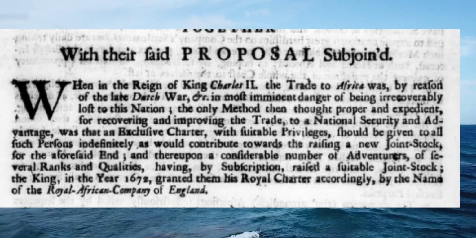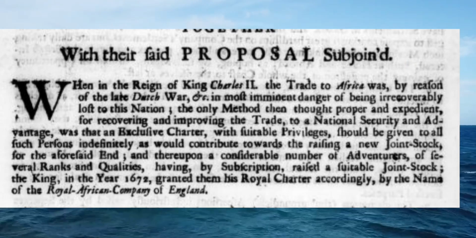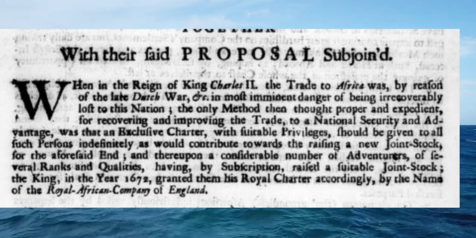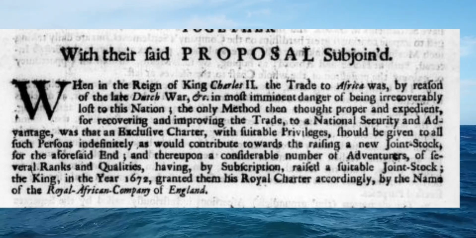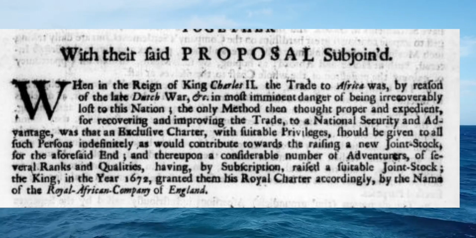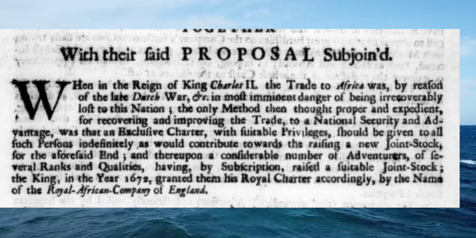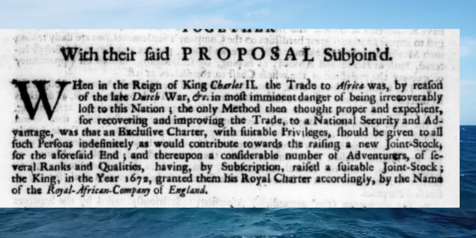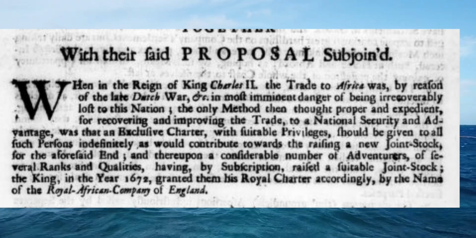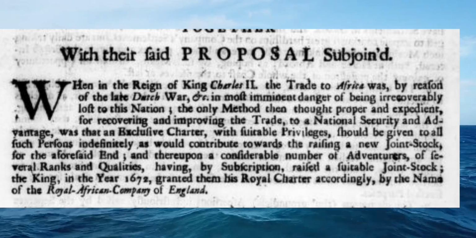It says, when in the reign of King Charles II, the trade to Africa was, by reason of the late Dutch war, in most immediate danger of being inadvertently lost to this nation.